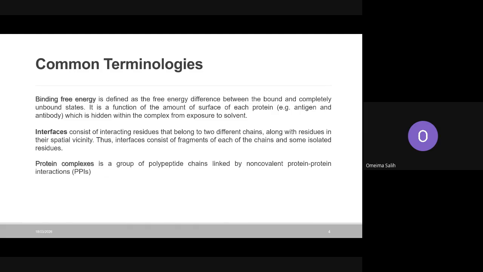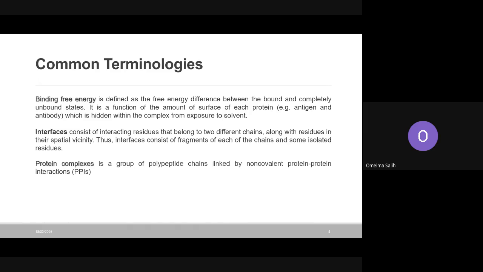There are other amino acids within this interface, but they are not part of this reaction. So the interface consists of those within the reaction that leads to the interaction between protein and protein, and those that are part of this vicinity but not part of the reaction. So an interface is where the two polypeptides, or maybe more than two, come into an interaction and form a protein complex.